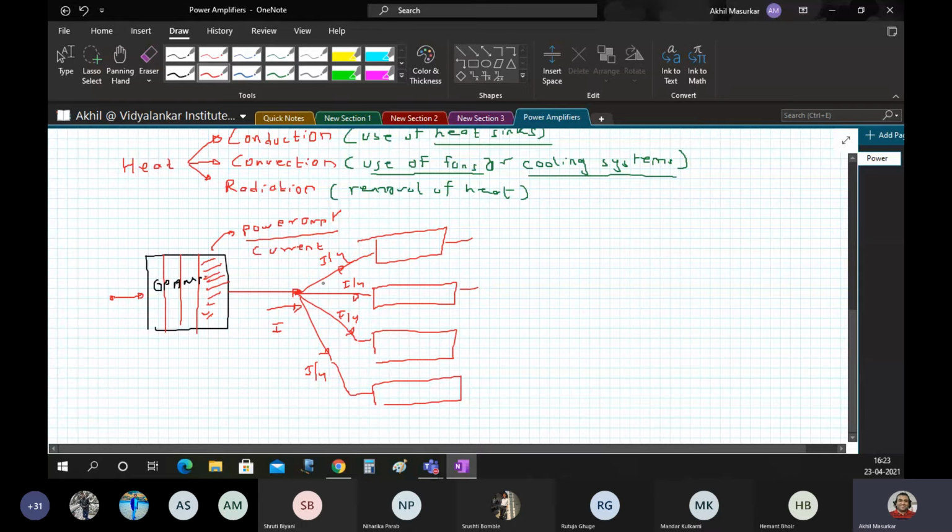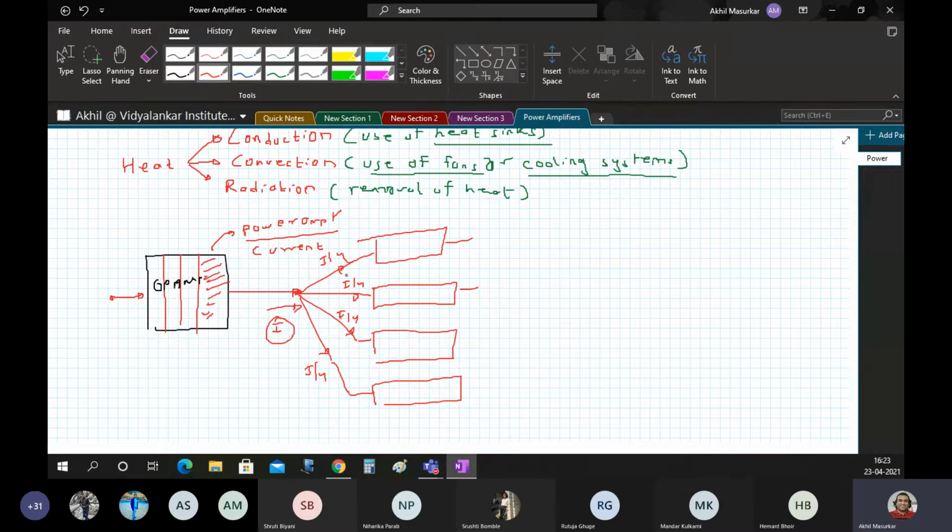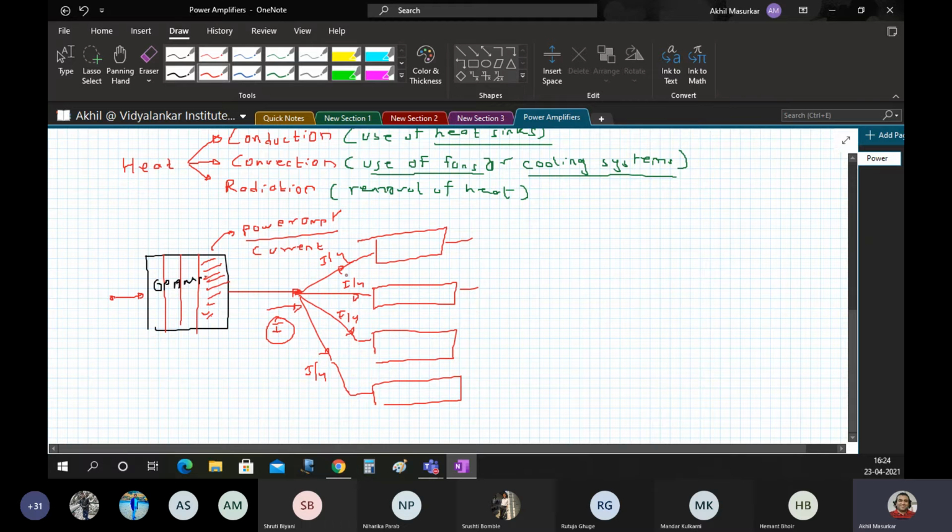So the total current that I have to supply here is I. That means if I want to source more current to more chips, then I must use a power amplifier. So basically, the power amplifier also increases the fan out of the chip.